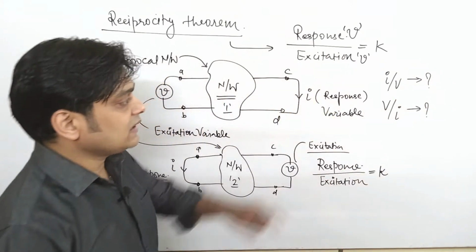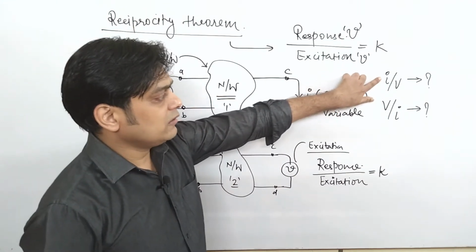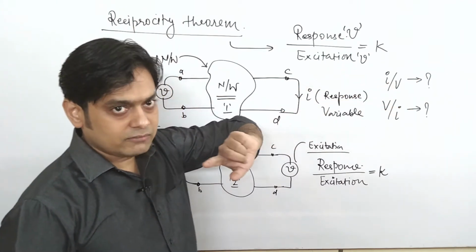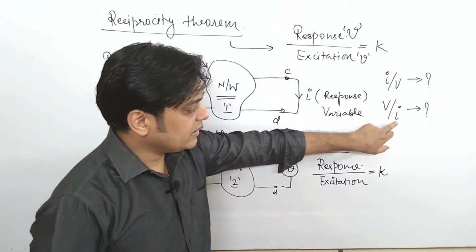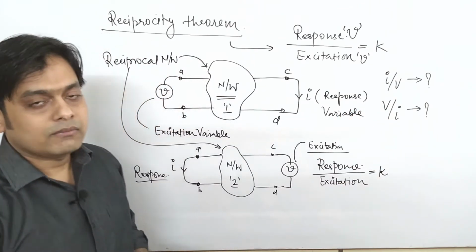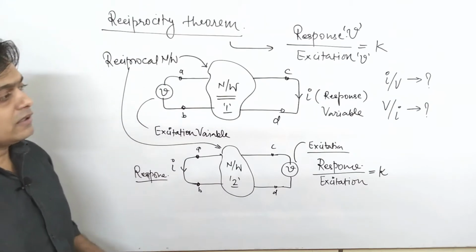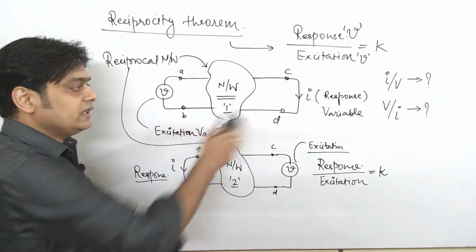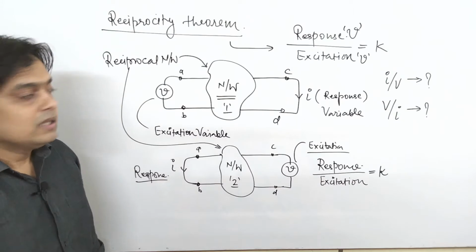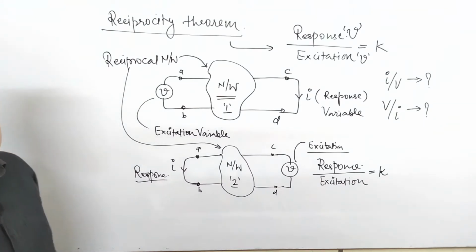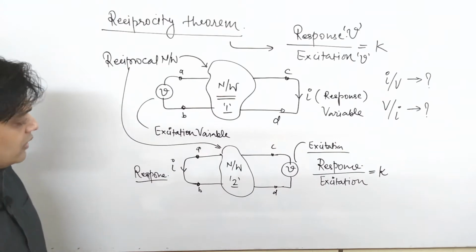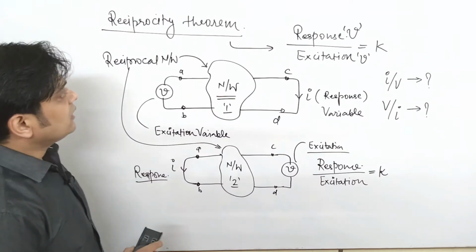It means if it is I by V, then I is your response variable and V is your excitation variable, and if it is V by I, then V is your response variable and I is your excitation variable. So if this ratio remains constant even after interchanging their position in the network, such networks are reciprocal in nature and follow the concept of reciprocity theorem.